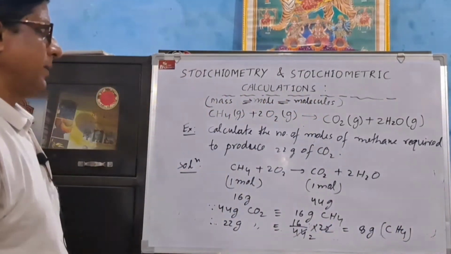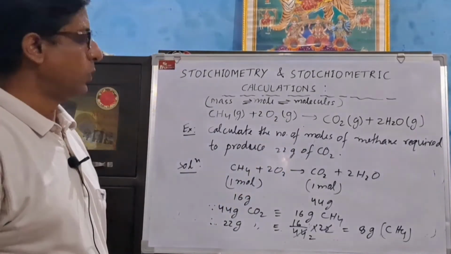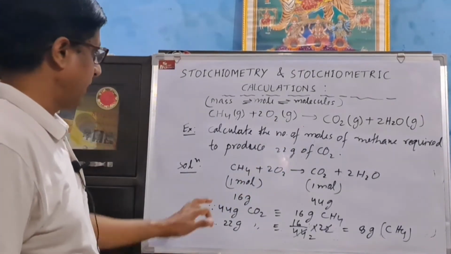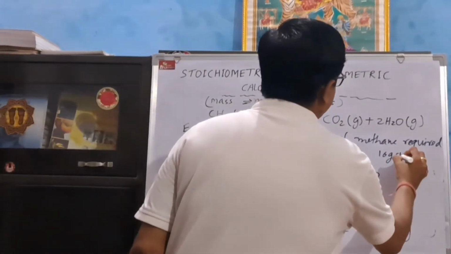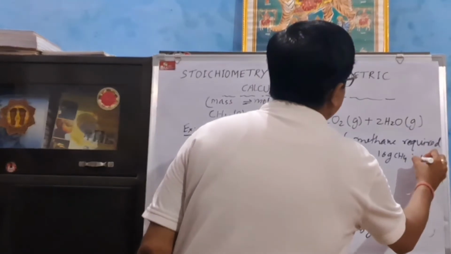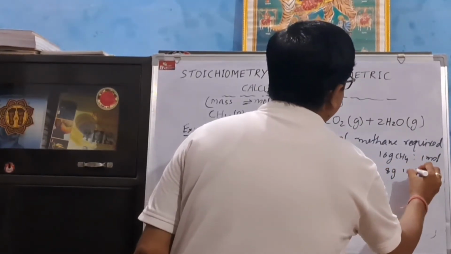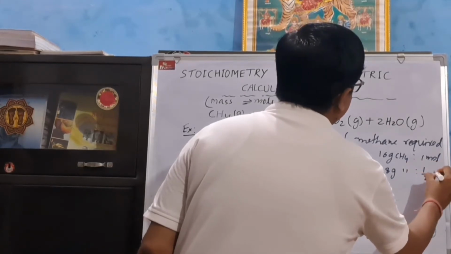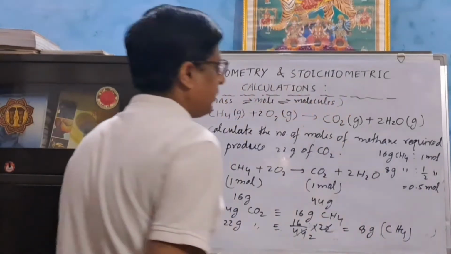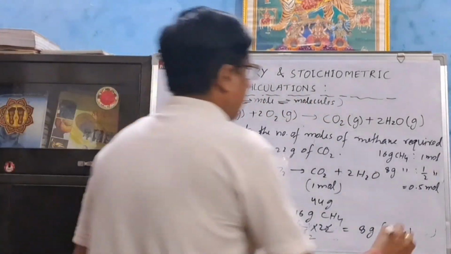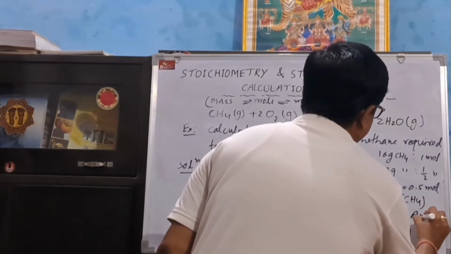But we have to give the number of moles of methane. We know that 16 gram methane is equivalent to 1 mole. Therefore, 8 gram of methane will be equivalent to 1 by 2 mole or 0.5 mole. This is the answer.